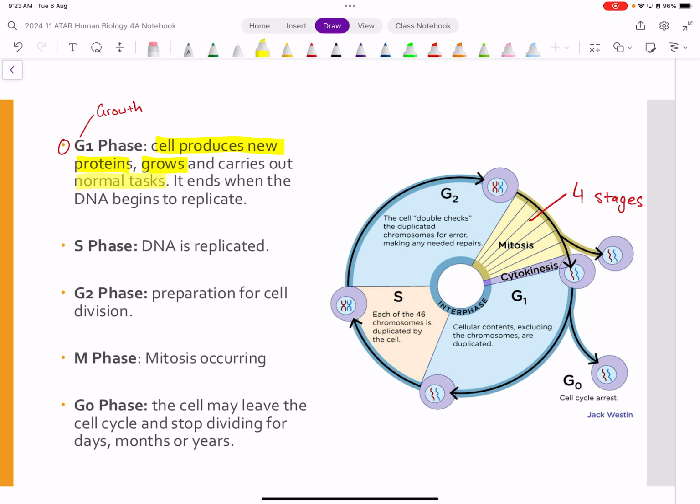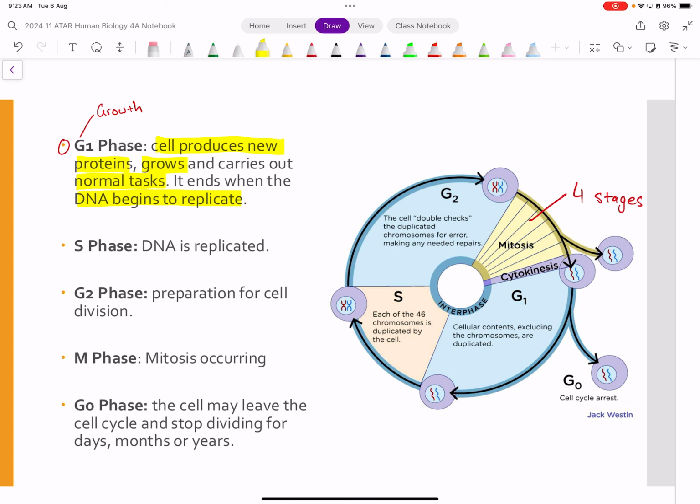It does all of the normal tasks that it is designed to do. So if we spoke about a red blood cell, what's the purpose of a red blood cell? It is to transport oxygen, transport carbon dioxide, thanks to hemoglobin. This process ends when our DNA begins to replicate, when we want to create a new cell.